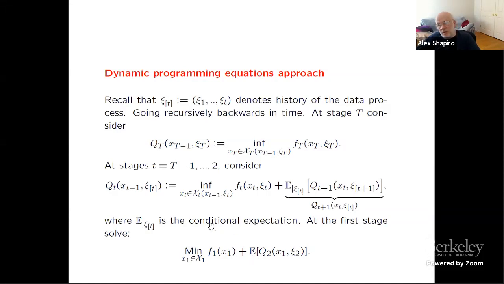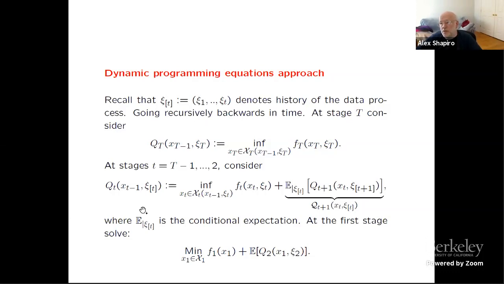Now, is it really useful to write these dynamic equations like that? These dynamic equations, as you all know, summarize the value of what happens in the future, conditional on a particular point. In this form, it's not useful at all, because one needs discretization to compute this expectation, and I will talk about that.